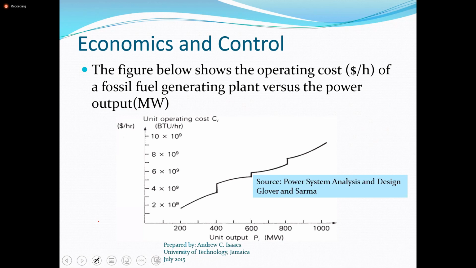Important here is the operation in terms of dollars per hour, as I said, also in BTU per hour, but for our purposes, we're going to be focusing more on the cost, so we'll be looking at dollars per hour.